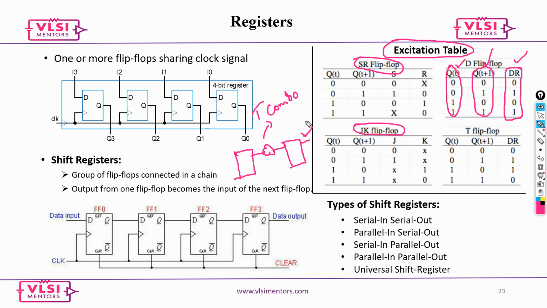So the excitation table is an important one, and it helps in designing the circuit, considering what next output you are looking for. We will design a counter and look at it, but before that, let's cover this registers part.